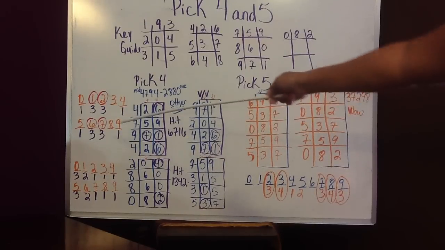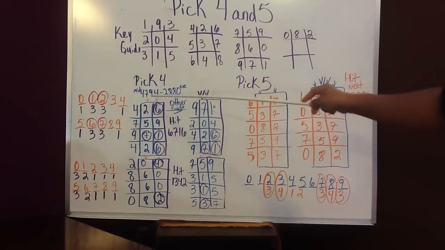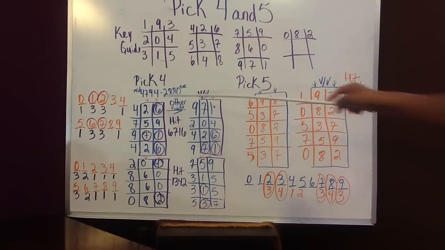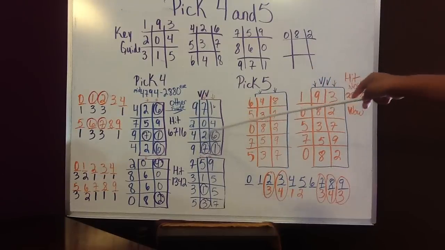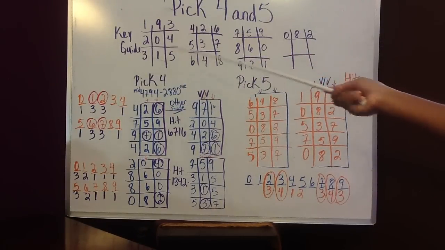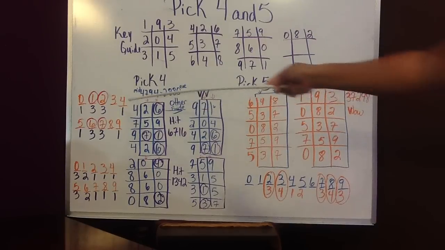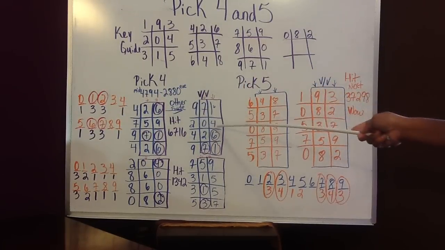And to narrow it down, I put 0 through 9 here. So I counted all the zeros that are in these 2 boxes, as you see. And I found 1 zero here. Then I went to 1, 2, 3, 4, 5, all the way to 9, and I counted the numbers in these 2 rows only.